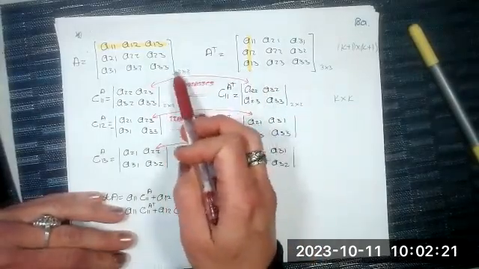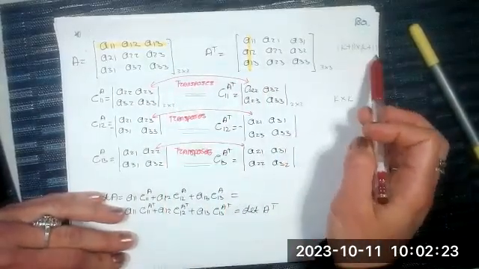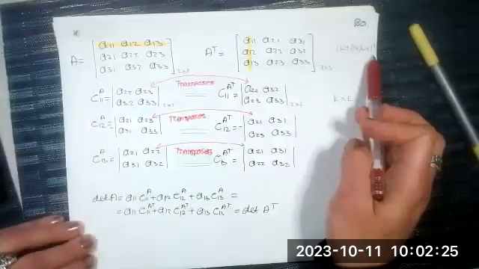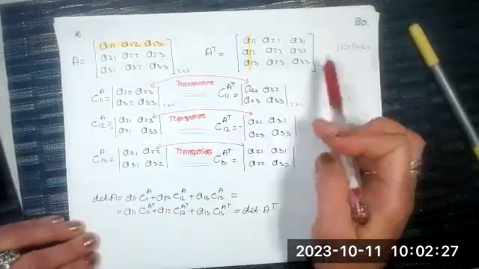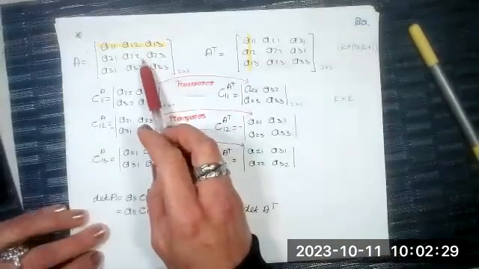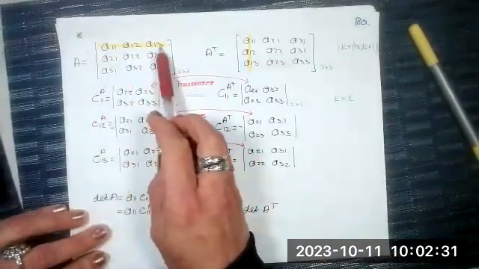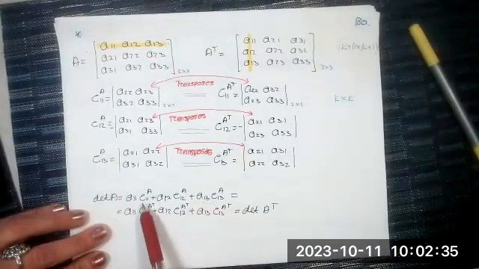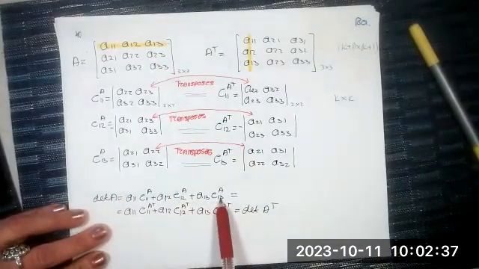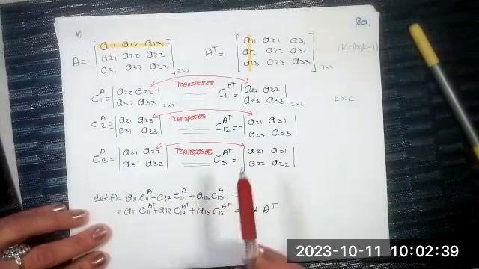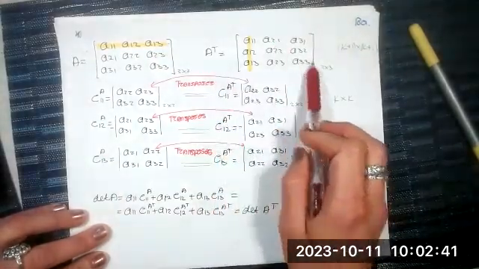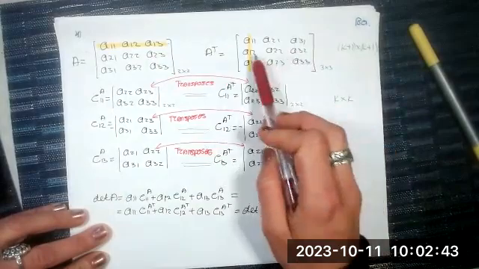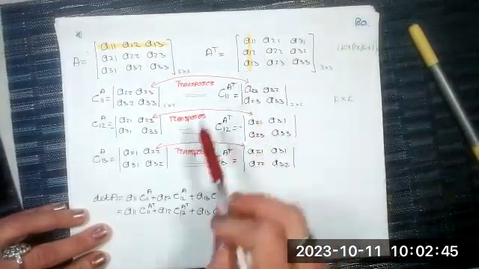So if this was 3x3, my k plus 1 by k plus 1 case, then when I compute the determinant of A with the cofactor expansion along the first row, I have A11, A12, A13 multiplied by cofactors. And then I'd do the cofactor expansion of A transpose along the first column.